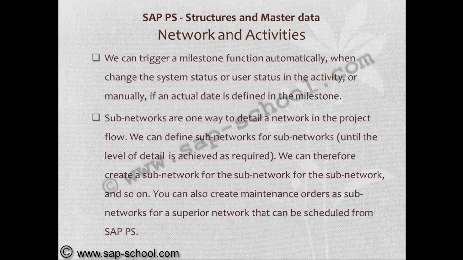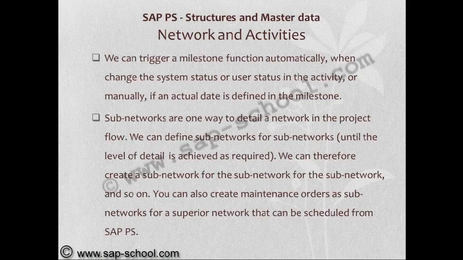We can trigger a milestone function automatically when we change the system status or user status in the activity, or manually, if an actual date is defined in the milestone. Subnetworks are one way to detail a network in the project flow. We can define subnetworks for subnetworks until the required level of detail is achieved.